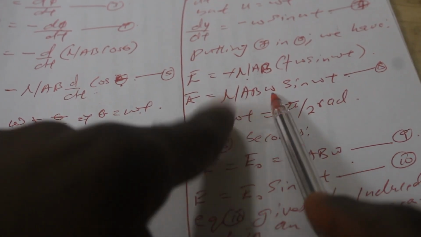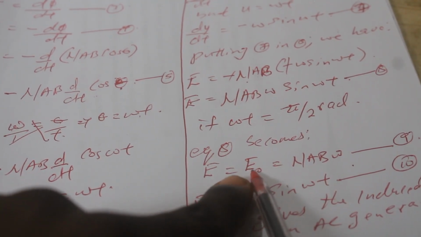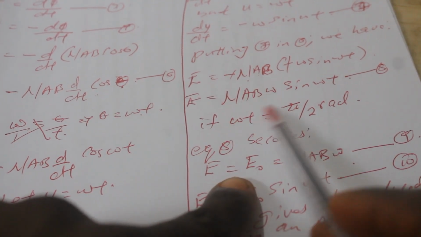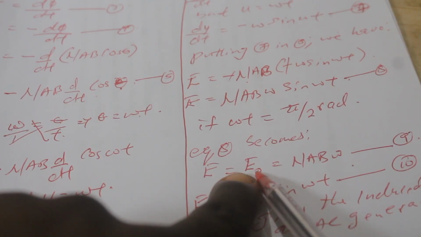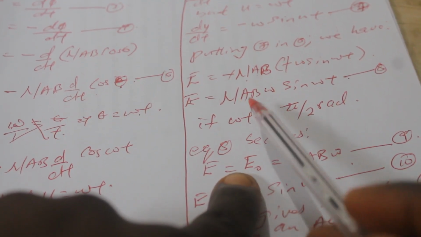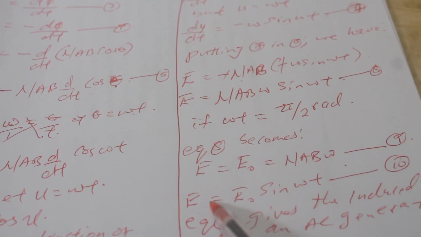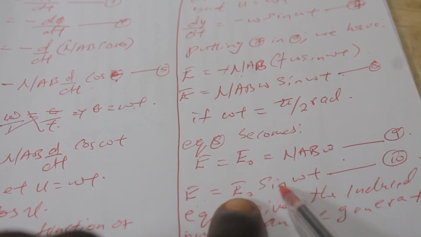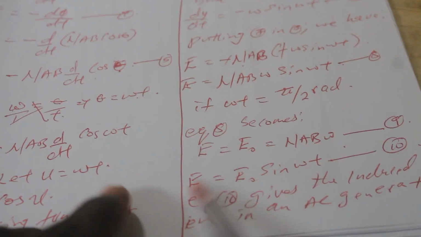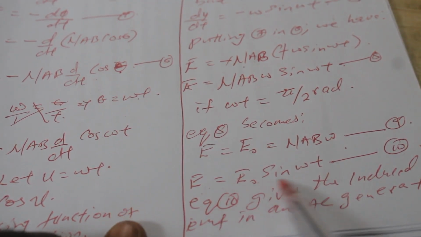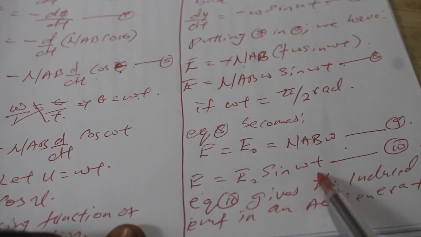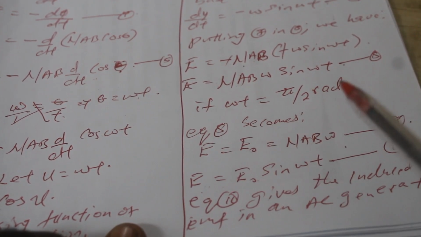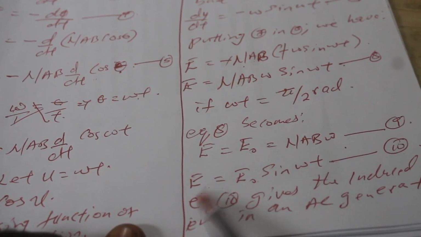So since the whole of this means the maximum EMF induced, we can remove it and put E naught there. That equation now becomes E is equal to E naught sine omega t. So this equation here, equation 10, gives us the induced EMF in an AC generator.